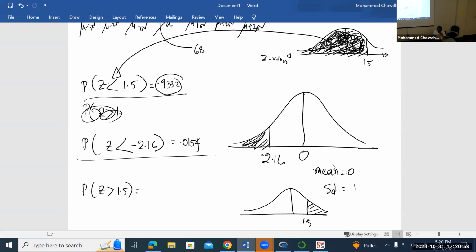So 1 minus 0.9332. Do you understand his argument? Because this one is equal to 0.9332. So now I want to find that one, and in order to get it, we just subtract this one from 1. Clear, right?